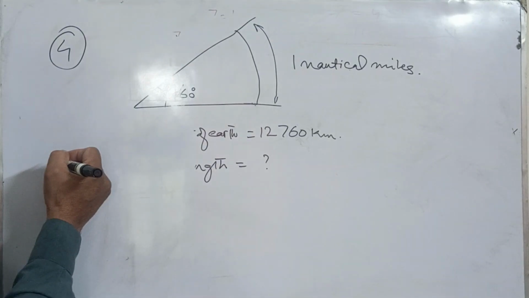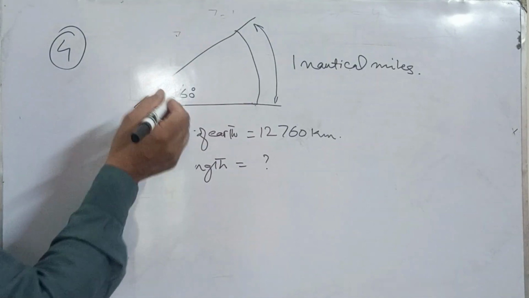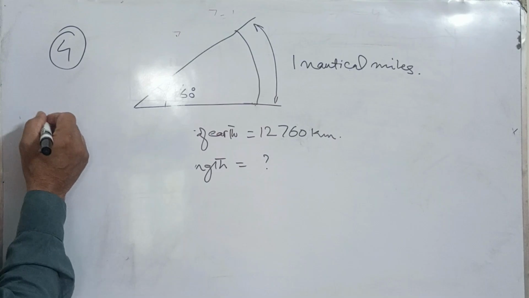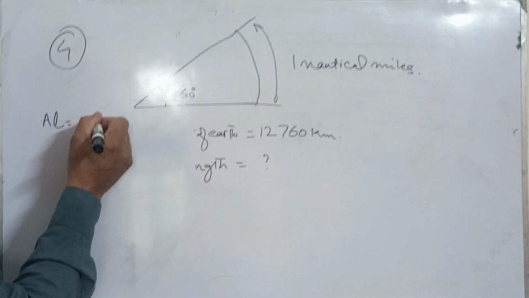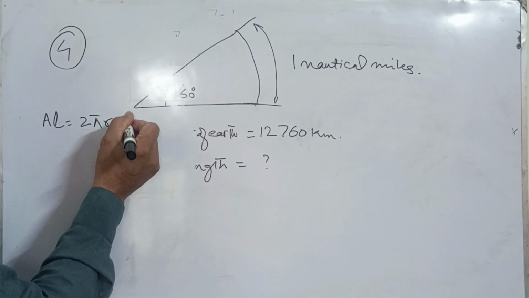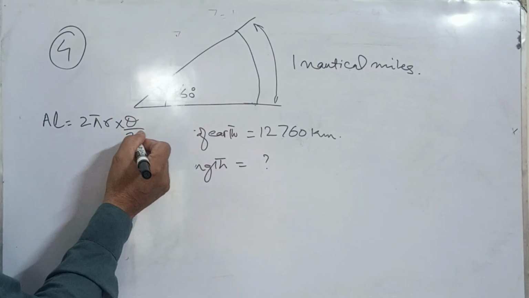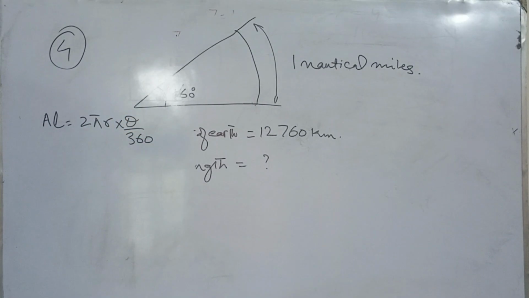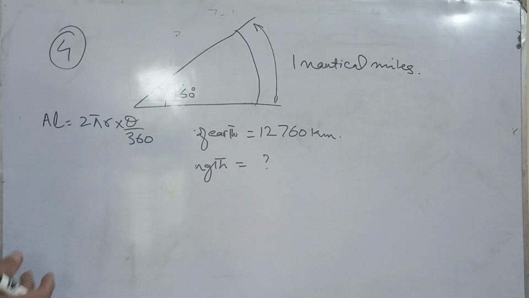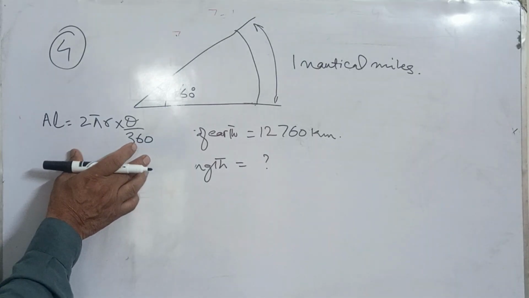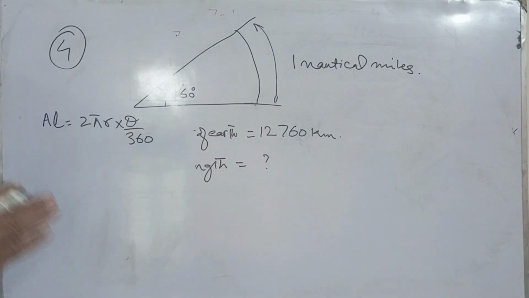So what is the formula of arc length? The formula of arc length is 2 pi r multiplied by theta upon 360. It has always been discussed in our previous lectures.